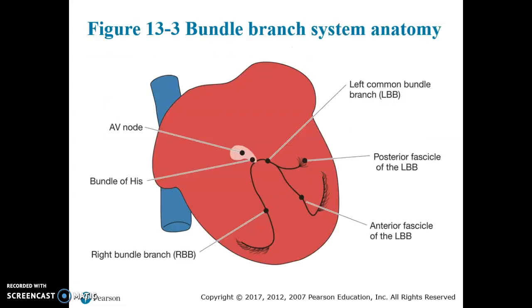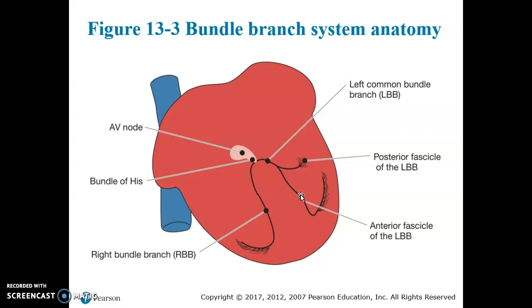So let's look right here. We have our AV node, and then we can see that we have the right bundle branch, and here we have the left side, and this left side branches off into the posterior fascicle and the anterior fascicle. So please know your anatomy.